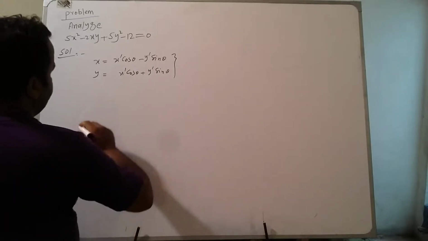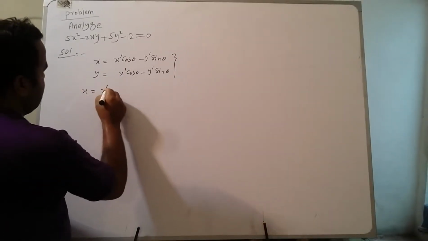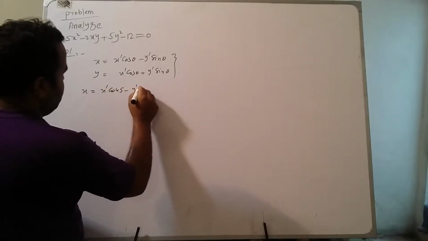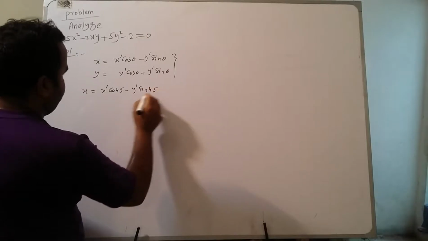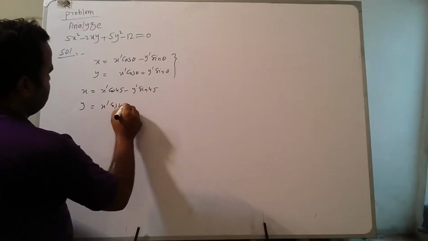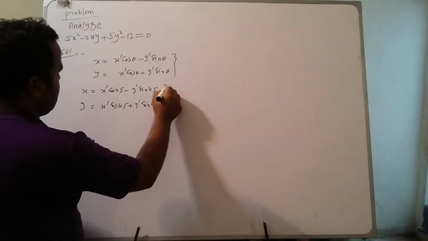Putting the values of theta, x is equal to x dash cos 45 minus y dash sin 45, and y is equal to x dash cos 45 plus y dash sin 45.